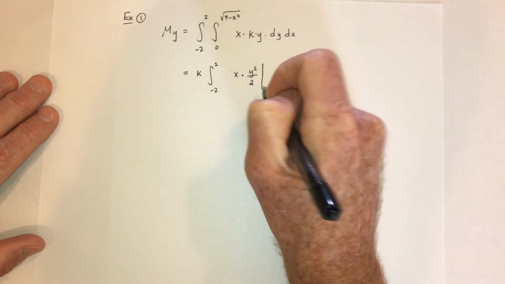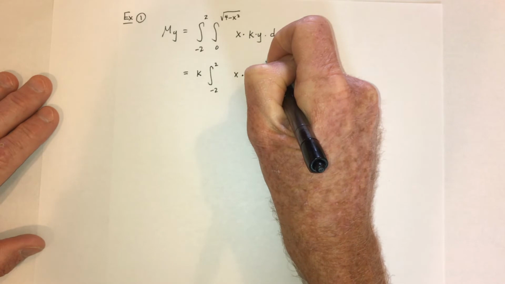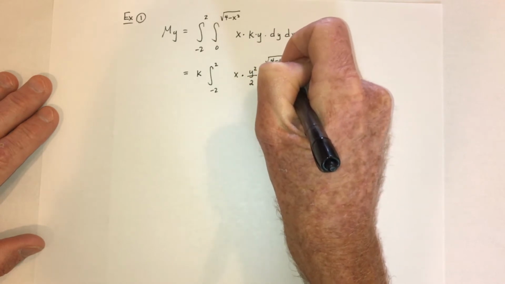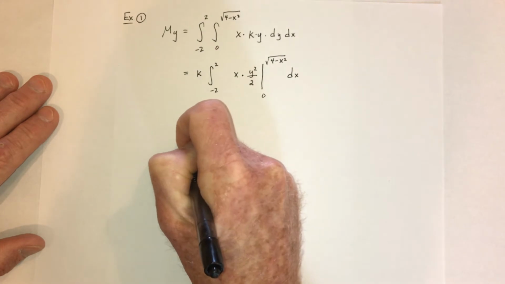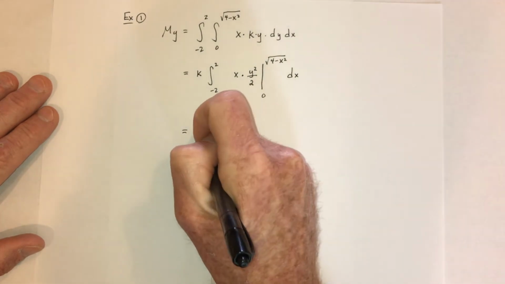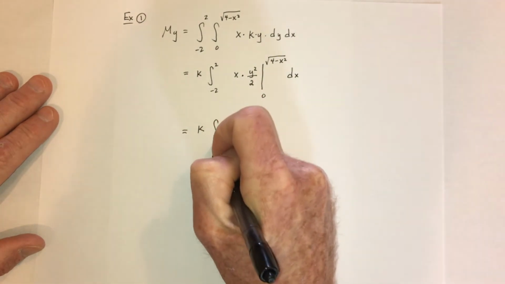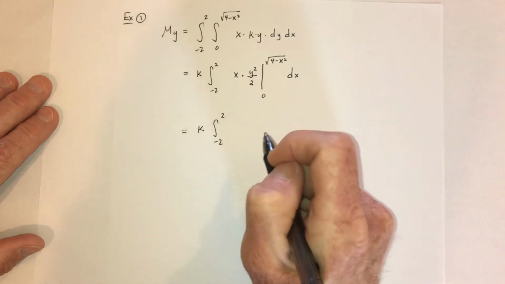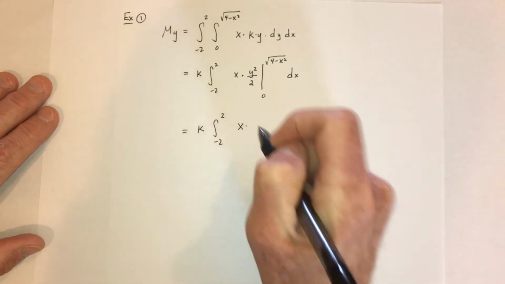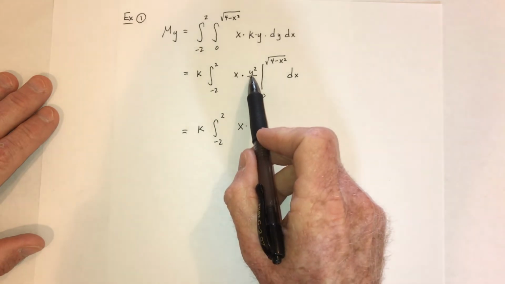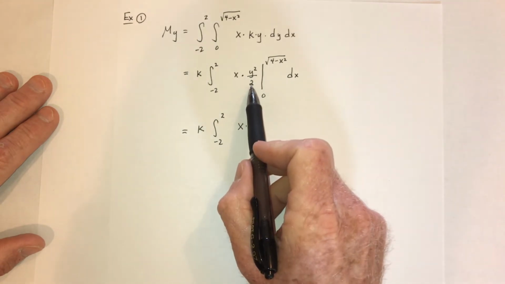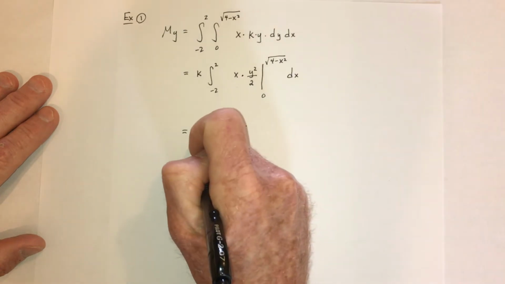And then evaluate that from 0 to the square root of 4 minus x squared. So the k is still factored out. The x is still just going to wait there patiently. And like last time, when you substitute the radical in there, it gets rid of the radical. And this little divided by 2, I'm going to factor that out as well.